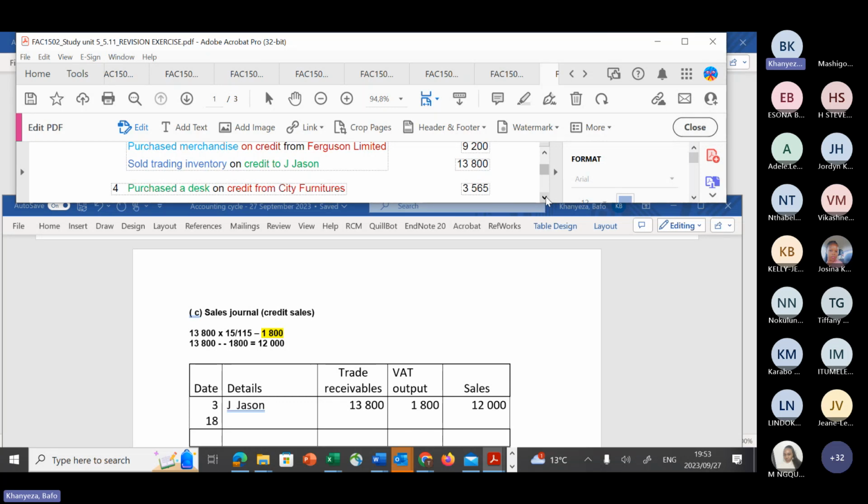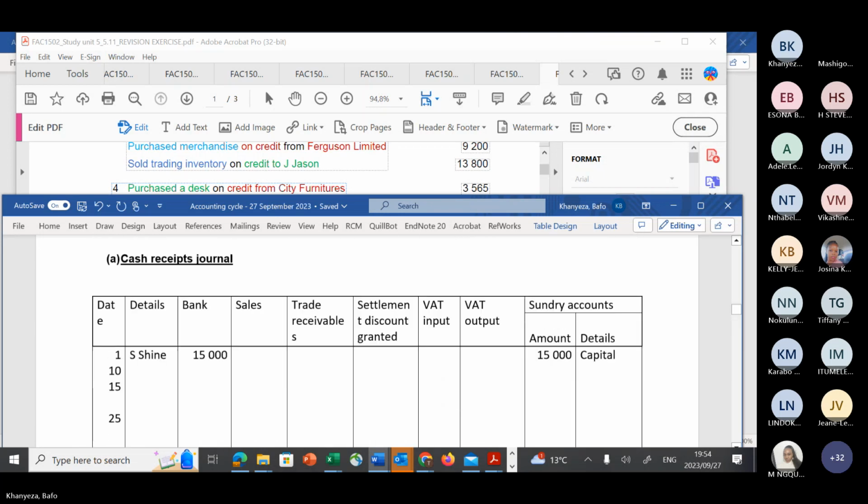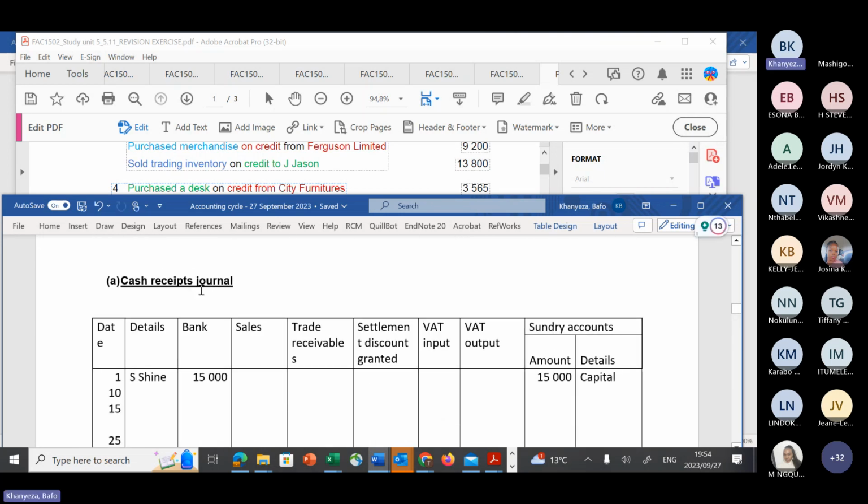Now we are moving to the 5th. Purchased a desk on credit. I want you to digest this. Let's start here. Does it go to the cash receipts journal? No, no money was received.